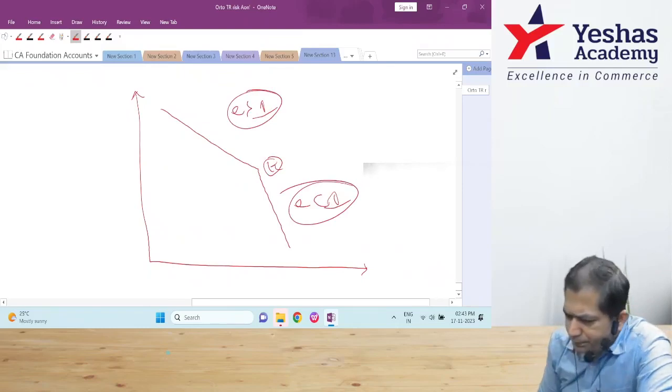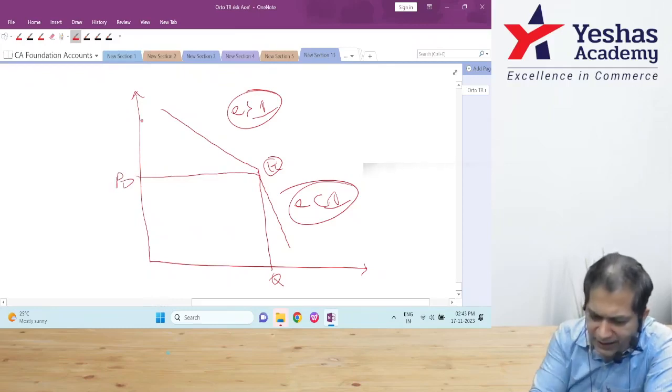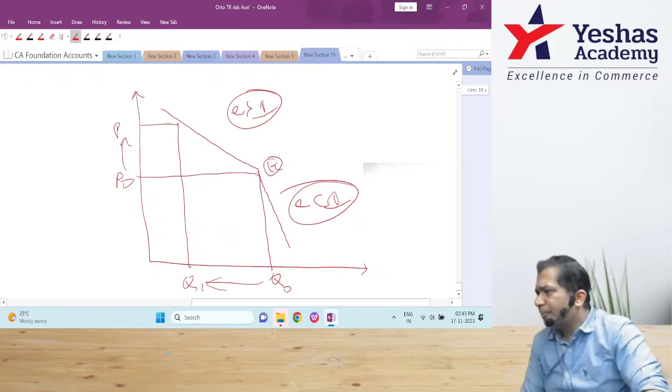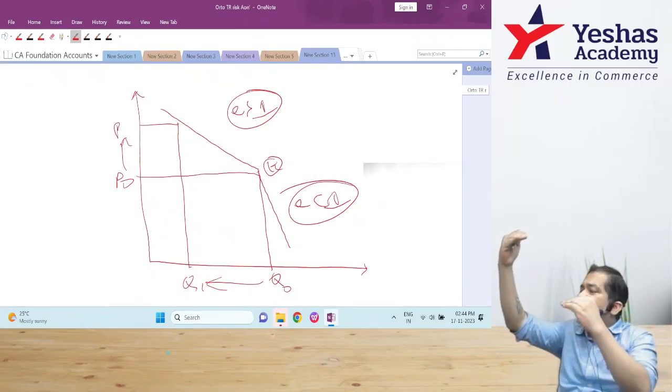Meaning what? If I'm producing at this point, this is the price. Now, if I increase the price from P0 to P1, you see quantity demanded falls down by a big amount. Correct? Why? Because when I increase the price, others do not increase the price in the same way.